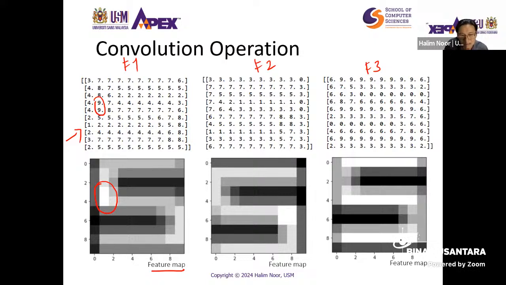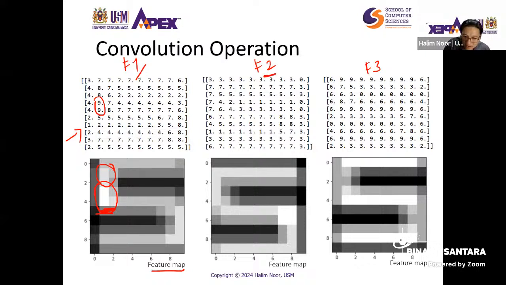We have quite a high response here, but still relatively lower compared to the region where the feature exists. So we can conclude that filter 1 is able to detect this particular feature.